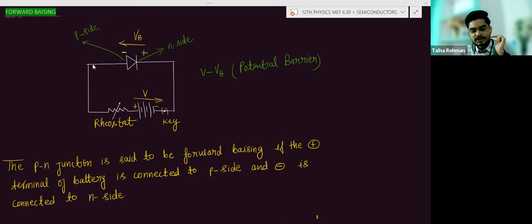Then this is a forward bias condition of this diode. In this case, I told you the potential barrier will decrease. Potential barrier will become V minus V. It will decrease. So potential barrier will decrease. The current will increase.